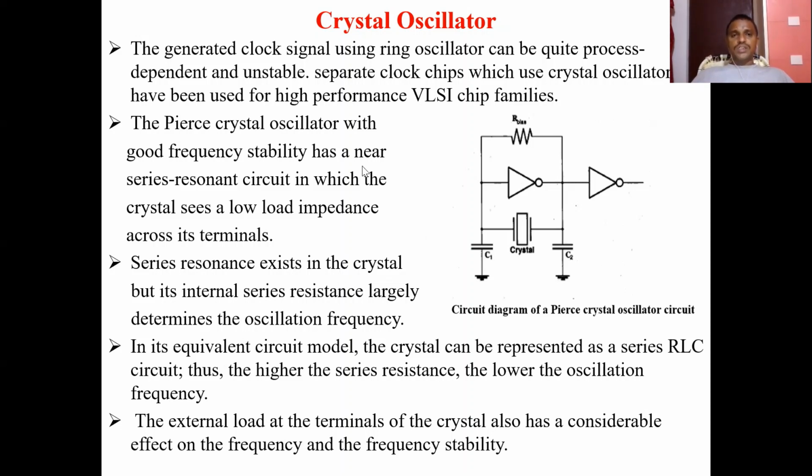So this is about the crystal oscillator, and the previous one was the ring oscillator. Those are the circuits that are used to develop a clock signal on the chips. That is on chip clock generation.